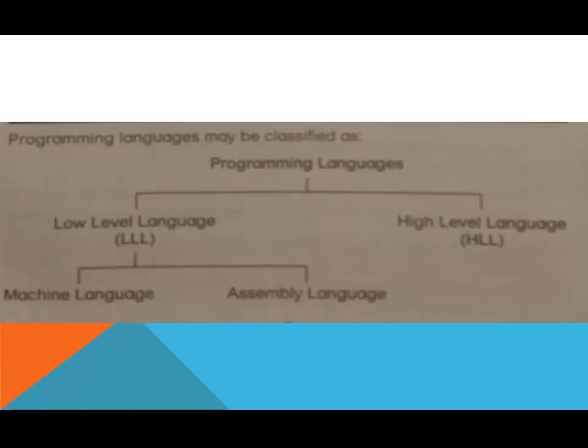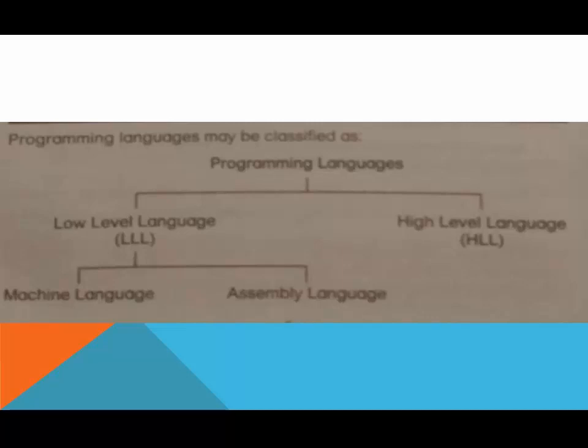So, programming languages can be classified broadly into two types: low-level languages, or in short LLL, and high-level languages, that is HLL. The low-level languages are basically of two types: machine language and assembly language.